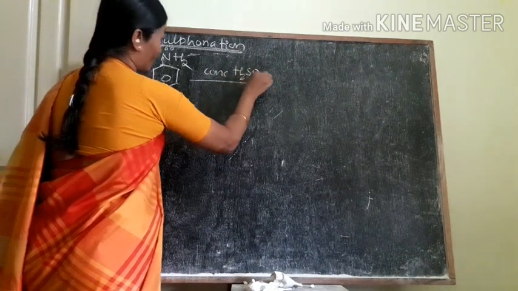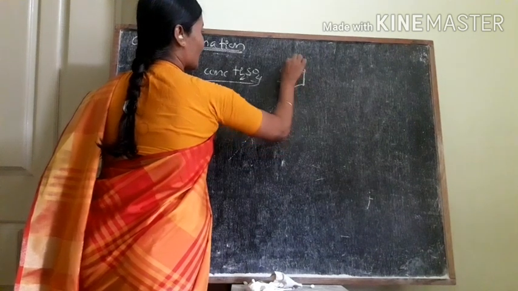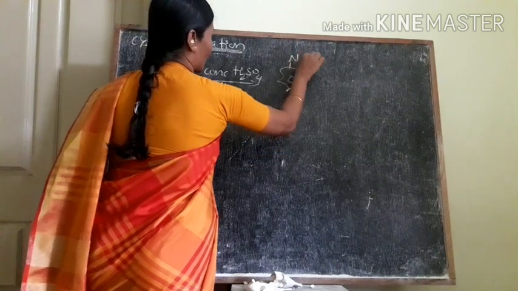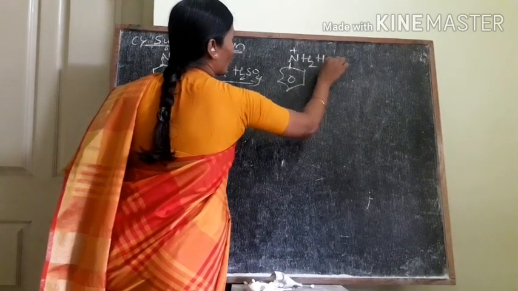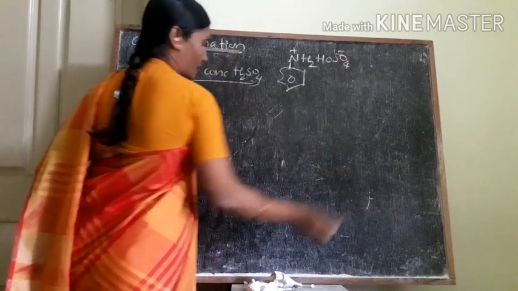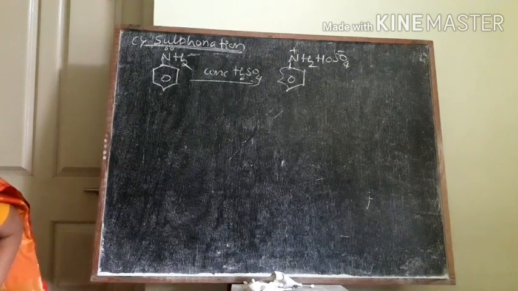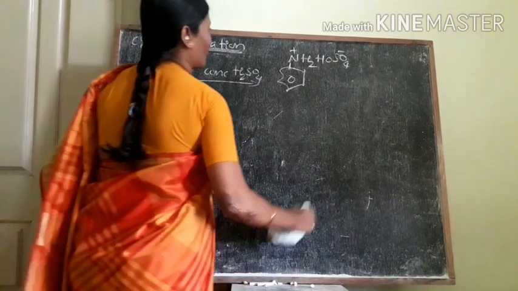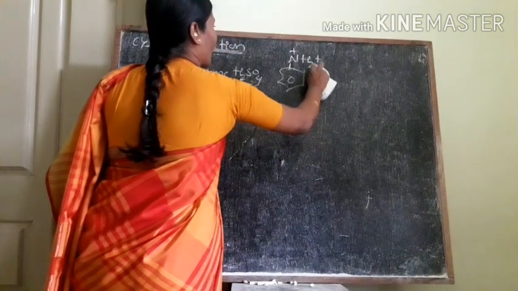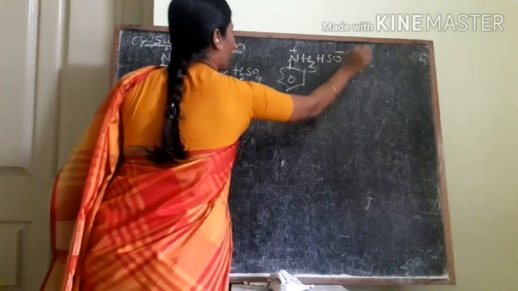Concentrated H2SO4 is used. Here anilinium ion is formed, that is NH3 plus HSO4 minus.